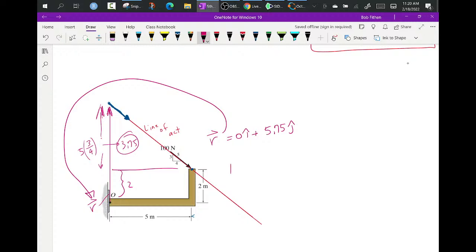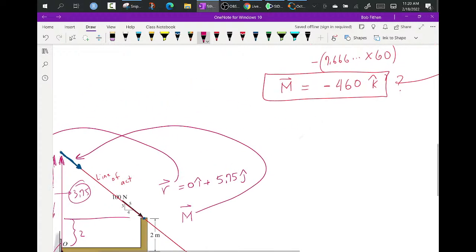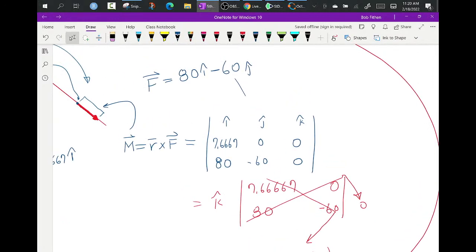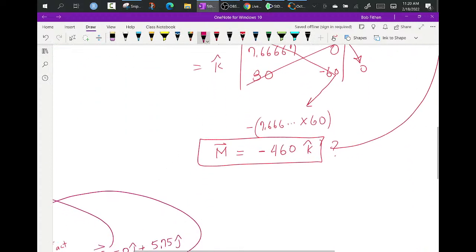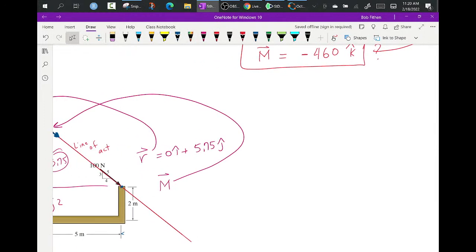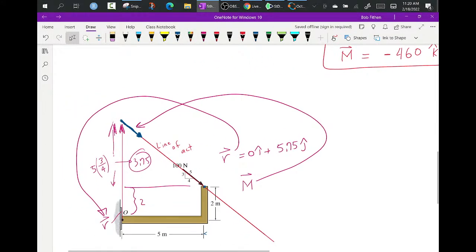Now, I want to find my moment due to the load that was put right there. And it turns out the load itself never changed, so I can just copy it and I can drop in here and say it's here.